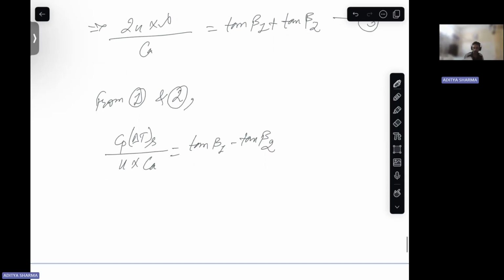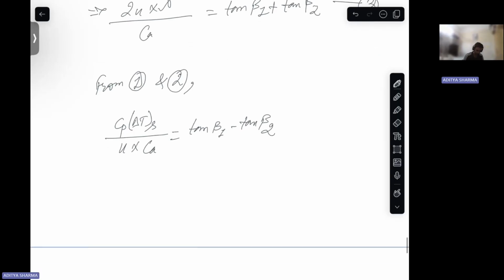Now tan beta 1 and beta 2 we do not know, right? But we can place the values: 5 into 1000, where 1000 is for kilojoules so we want it in joules, SI units.